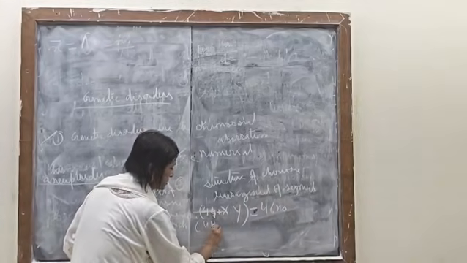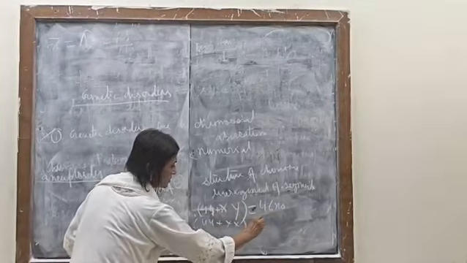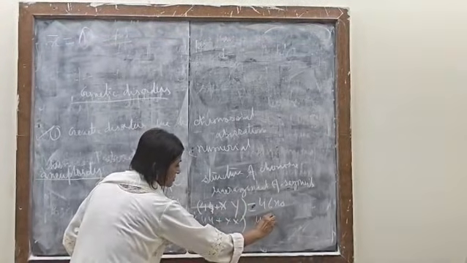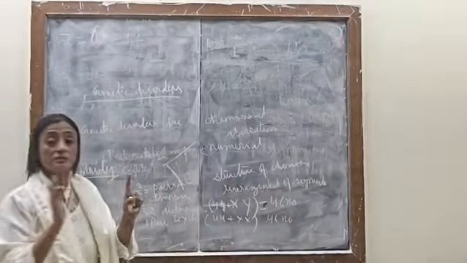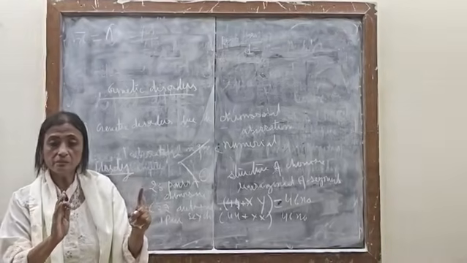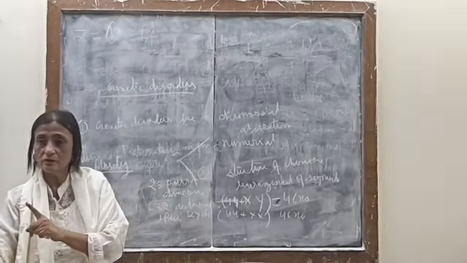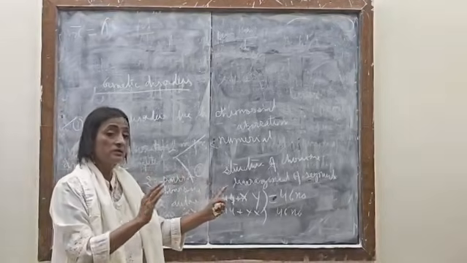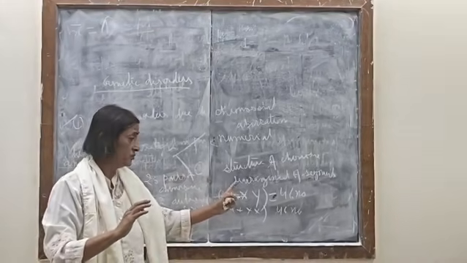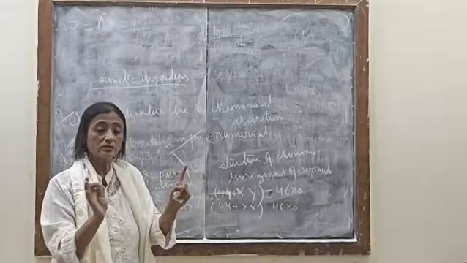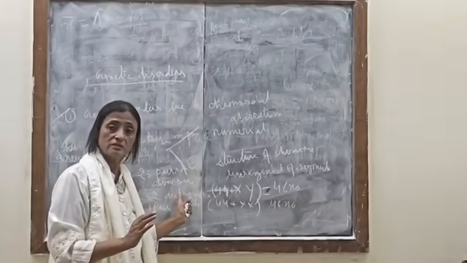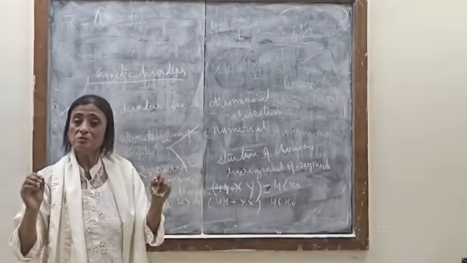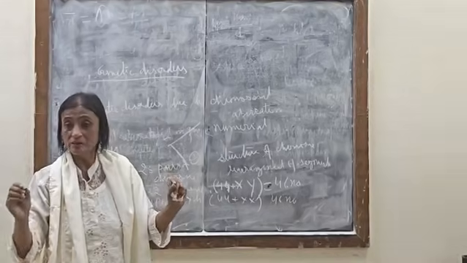In female, 44 plus XX, 46 in female. So this is the standard. Any excess or deficiency of chromosomes that disturbs the normal standard causes a condition of aneuploidy.